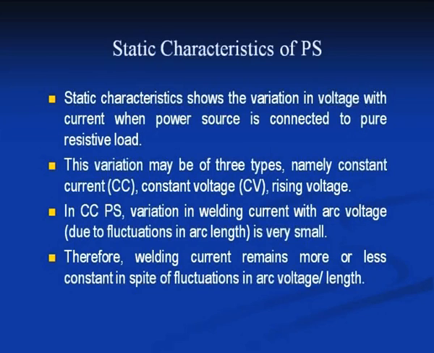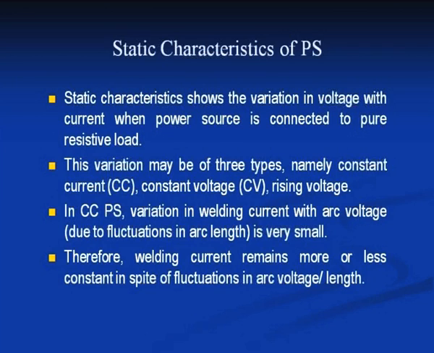In the constant current power source, the variation in welding current with the arc voltage is very small, because arc voltage frequently fluctuates during welding due to variation in arc length.